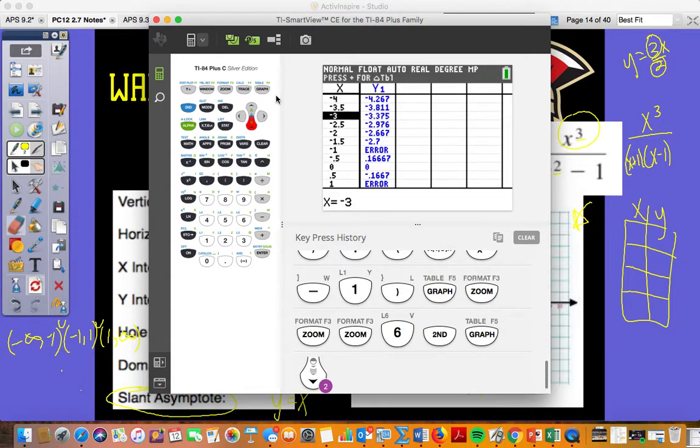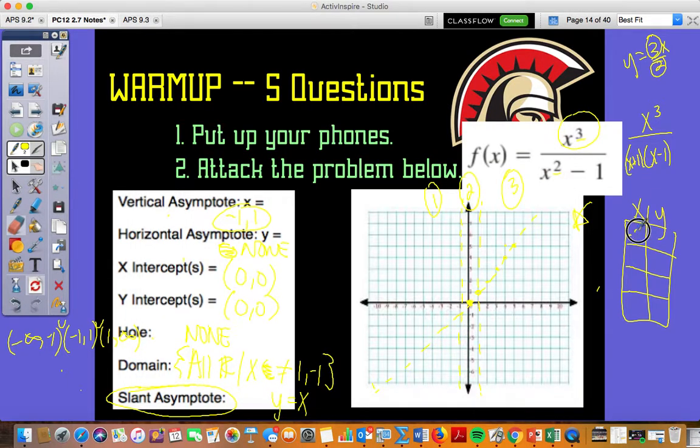What you can do is just say, okay, negative 2 and negative 2.667. So we'll go negative 2 and negative 2.67. Negative 2.67 is down here. Since it's in this little region here, it's going to go down and approach the vertical, and it's also going to approach the slant.